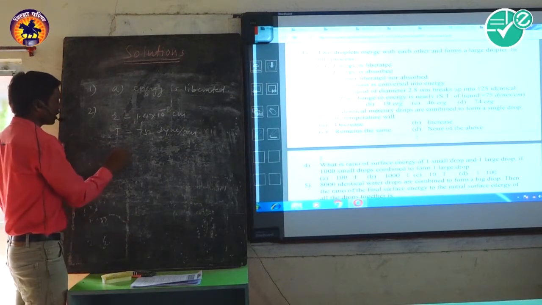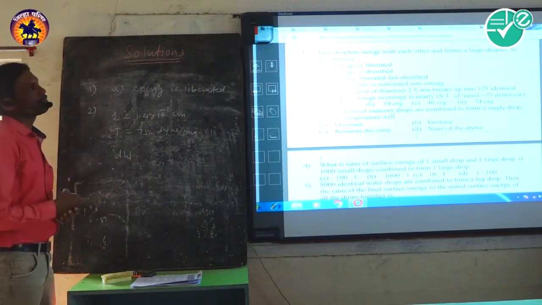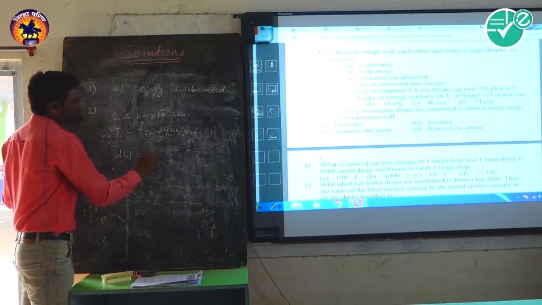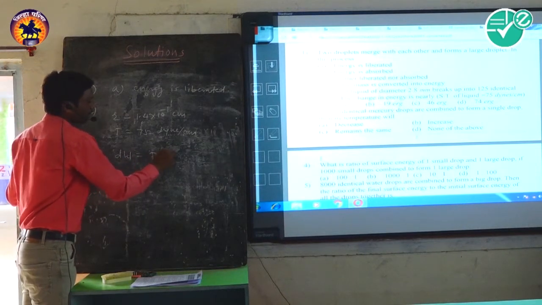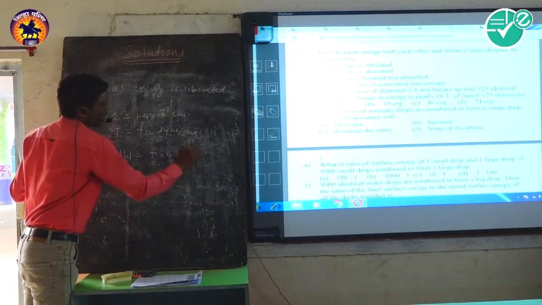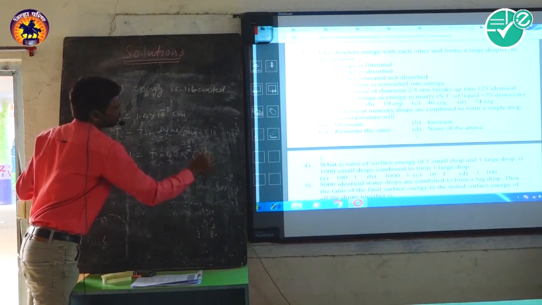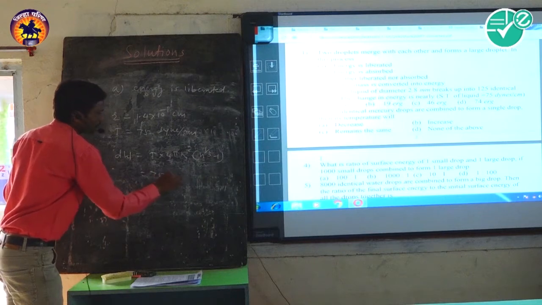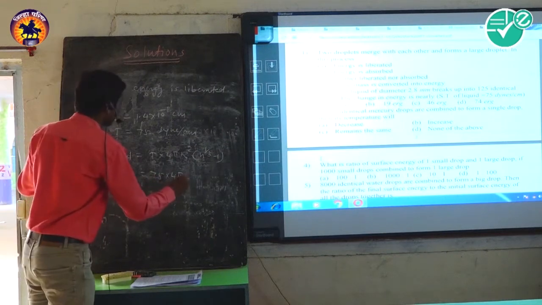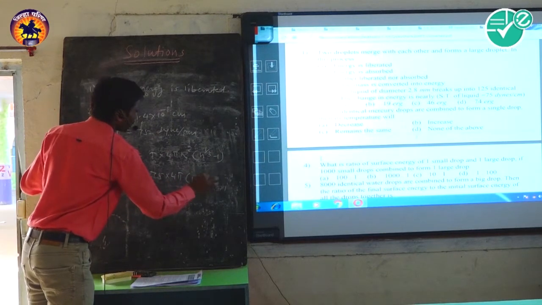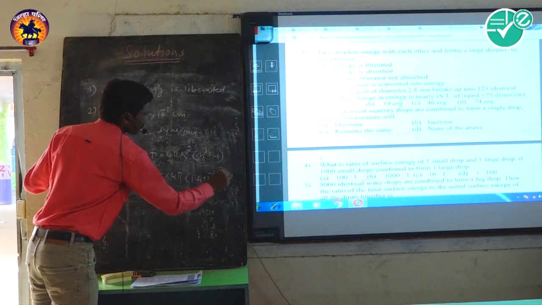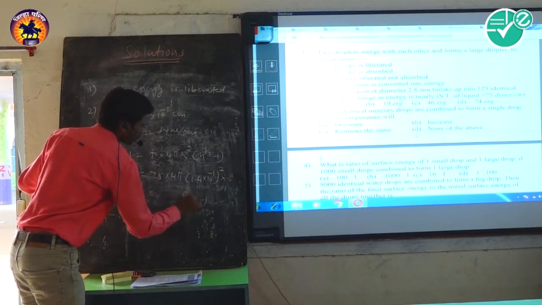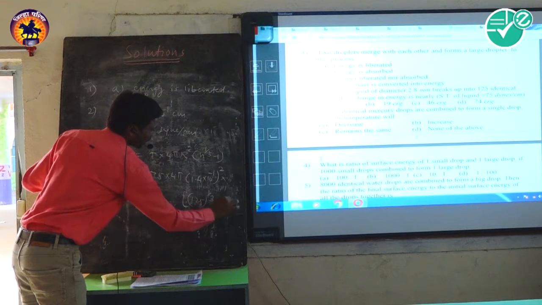Change in energy means the work done required for this process. This work done is equal to T into 4 pi r square into bracket n raised to 1/3 minus 1. That is equal to 75 into 4 pi, where r is 1.4 into 10 raised to minus 1, squared, into 125 raised to 1/3 minus 1.